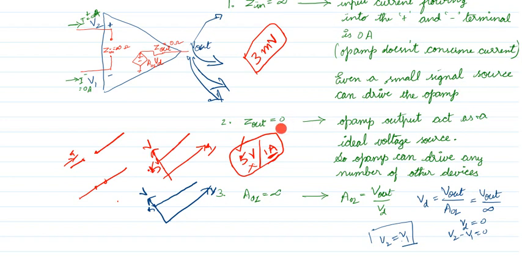Second, when the output impedance is 0 ohms, it acts as an ideal voltage source, so the op-amp can drive any number of other devices. Third, because open loop gain is infinite, the voltage at the plus terminal and the voltage at the minus terminal are the same. In the next videos, we will see how to build applications. For that, you should understand these basics.